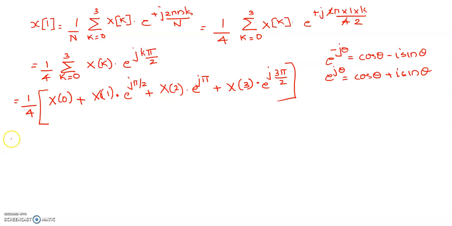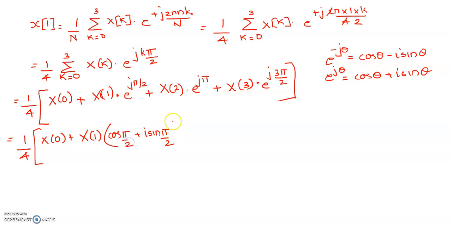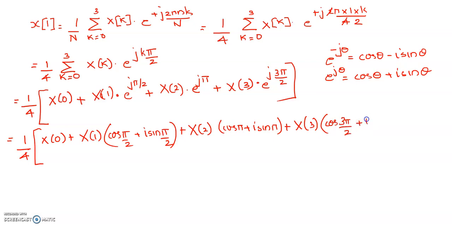When we apply this particular concept over here, 1 by 4 x of 0, x of 1 cos pi by 2 plus j sin pi by 2, plus x of 2 cos pi plus j sin pi, plus x of 3 cos 3 pi by 2 plus j sin 3 pi by 2.